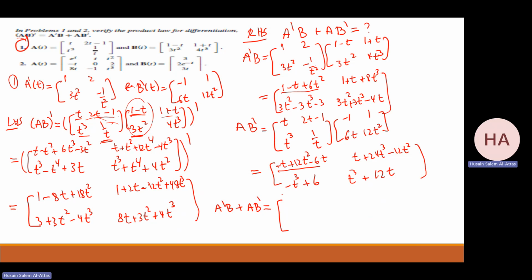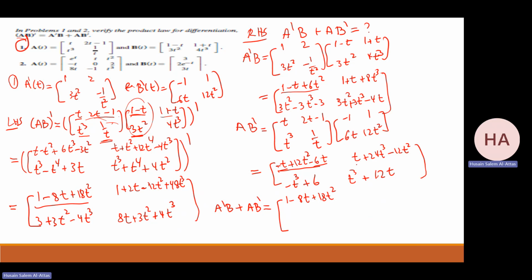I have 1 minus 2t, not minus 2t, minus 8t. I have minus t, minus 60, minus 70, minus 8. This is minus 8t plus 18t squared. Exactly this one. Perfect. So until now it's a square.